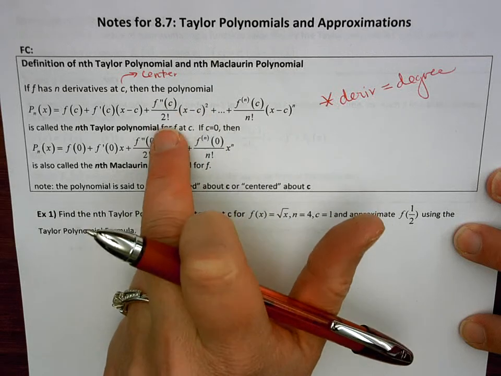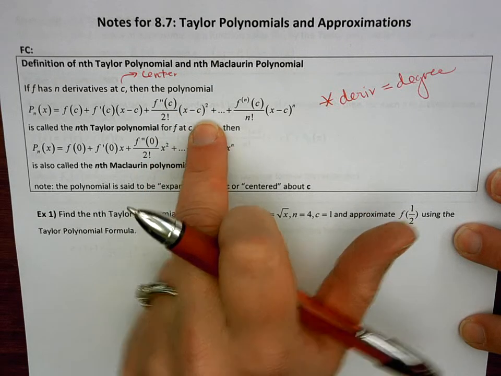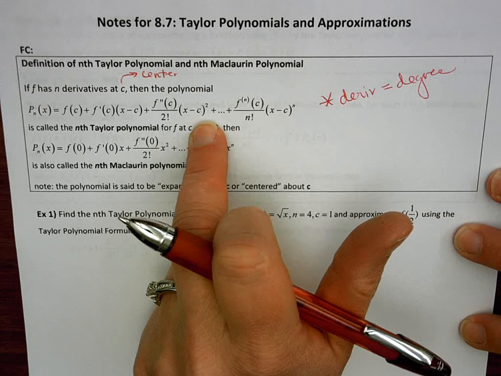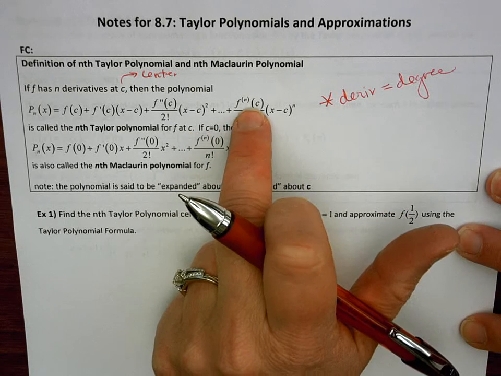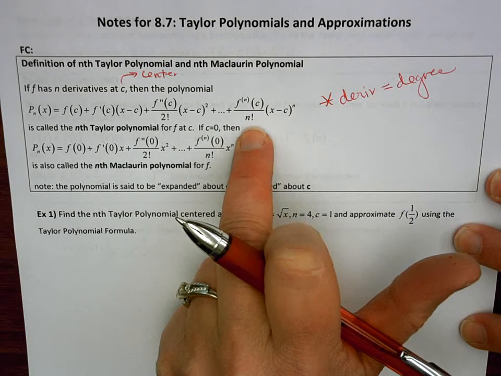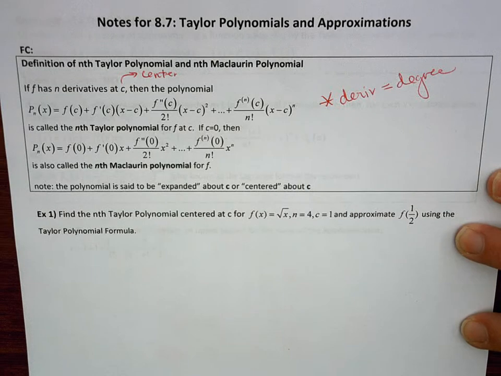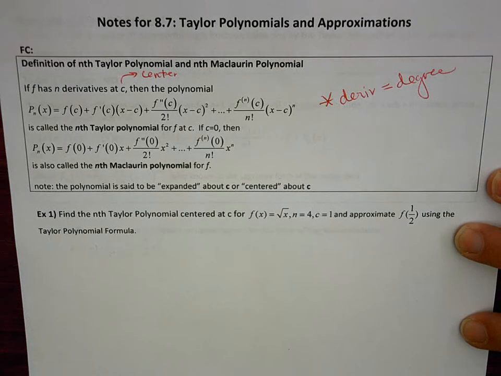So second derivative, 2 factorial, power of 2. If we're working with our third degree, then this would be the third derivative divided by 3 factorial to the power of 3. We'll be using this often, whether it's in our polynomials or our power series, so make sure you're always paying attention to that.